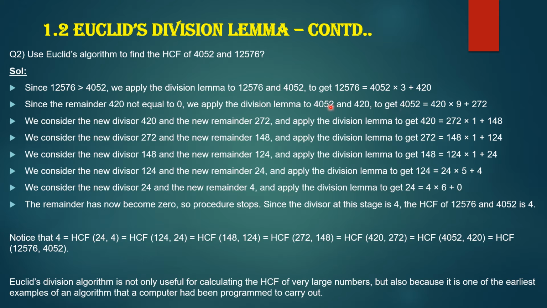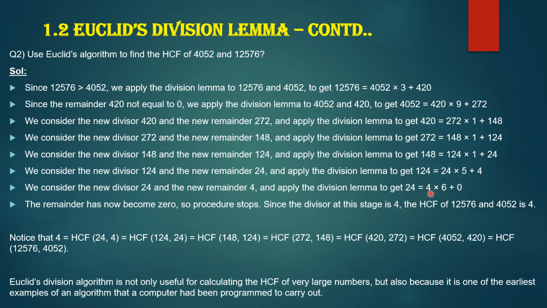Next step, we have now applied 4052 and 420. Again, we got it in the form of this one. 272, still not 0. So we will apply the division lemma again on 420 and 272. Like that we keep on doing it until we get 0 in the remainder. So now the remainder has become 0.